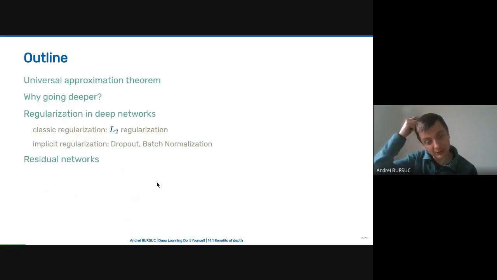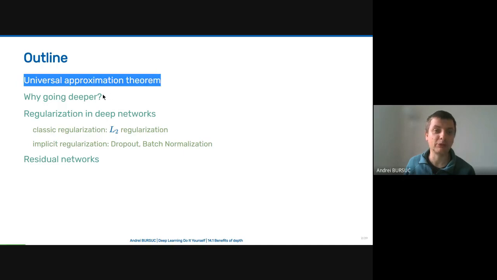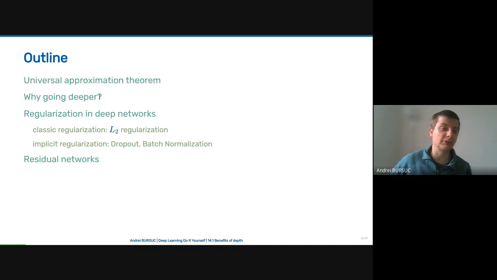So this is the subject of study for this module, and what we'll be studying today will be the universal approximation theorem, which motivates the usage of deep neural networks and neural networks in general for several machine learning problems.